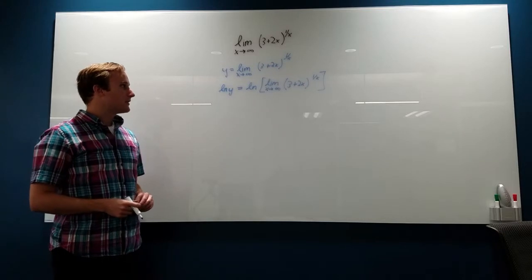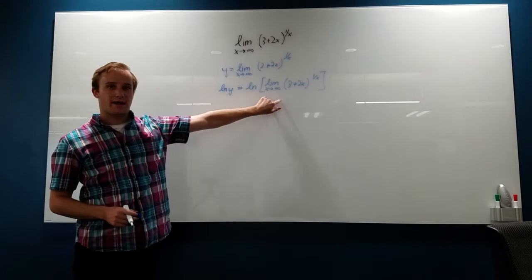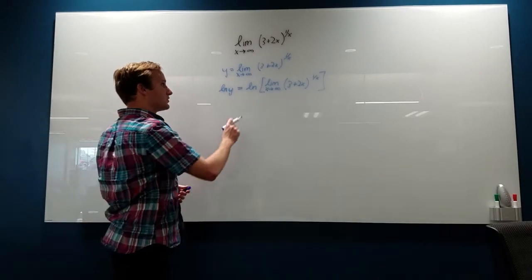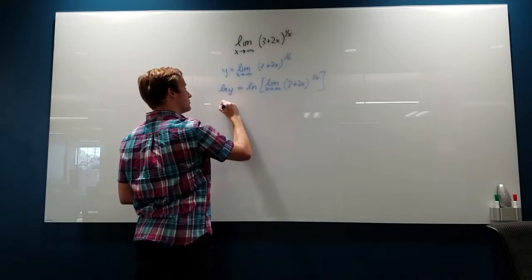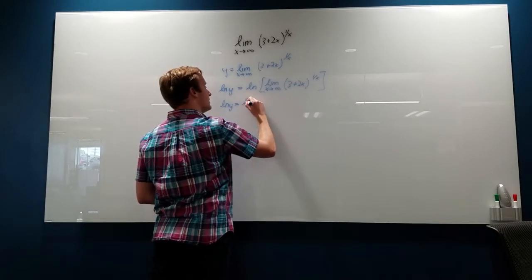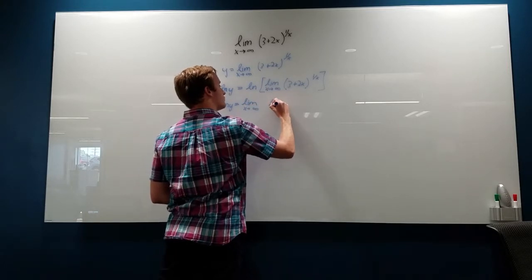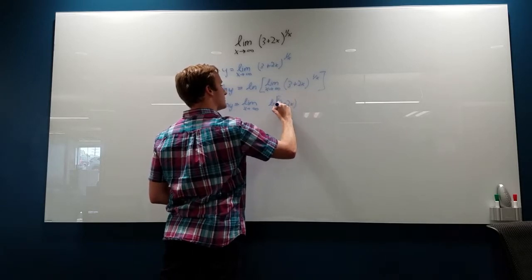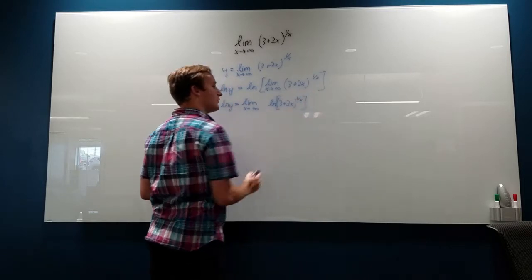Perfect. Now we want to try to rearrange this right-hand side into an indeterminate case situation. So the first thing that we can do is bring this natural log inside of the limit. So we'll preserve the natural log of y on the left-hand side, and we'll have the limit as x approaches infinity of the natural log of (3 plus 2x) to the power of 1 over x.